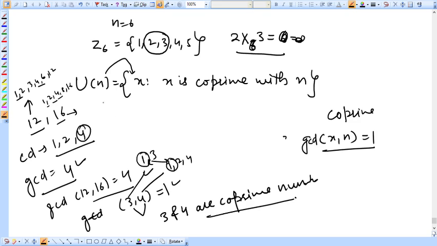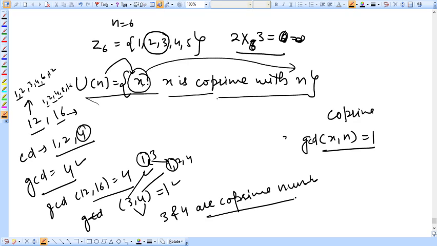So this was the definition. What is Un? Un is a set which includes all those numbers which are co-prime with n, right? I mean to say all those numbers whose GCD with n is equal to 1.